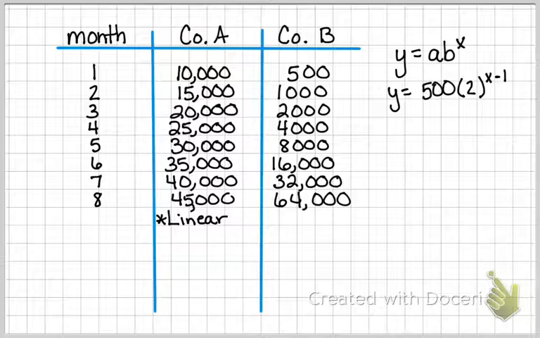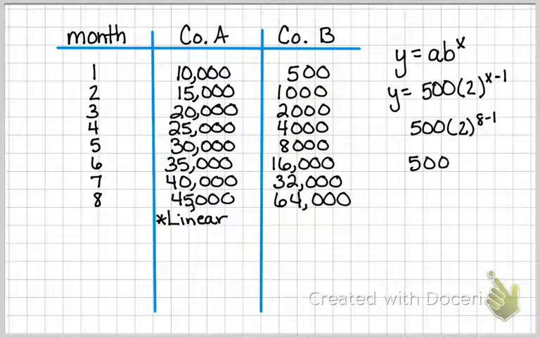So if we wanted to know, for example, what it would be at month 8, if we plugged in 8 here, it's actually 500 times the growth factor of 2, and then 8 minus 1, which is to the 7th power. So when we put it in our calculator, we're looking for this 8th month amount, and if you put it in the calculator as just 8, you're not going to get 64,000.